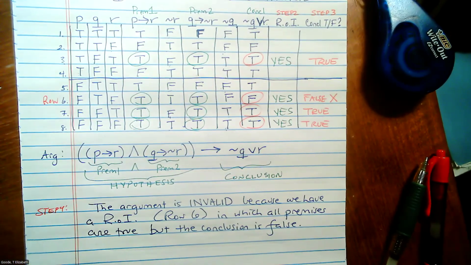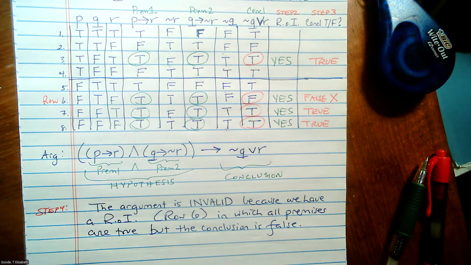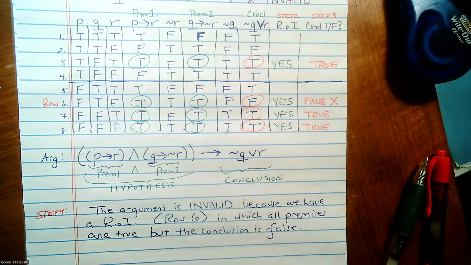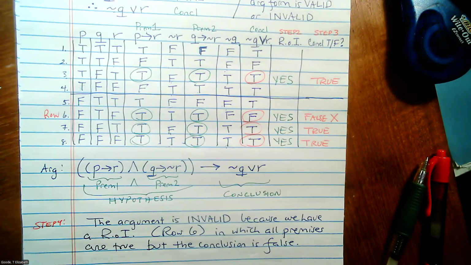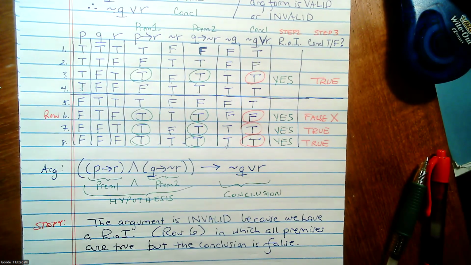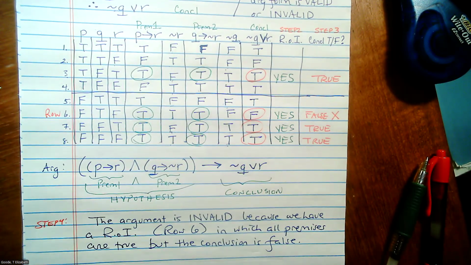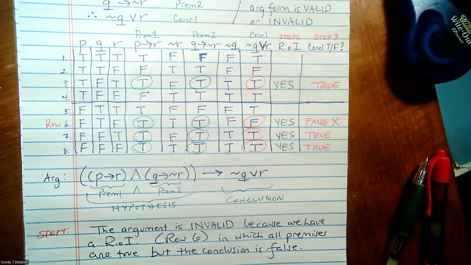So that's an example of an argument form that turns out to be invalid. On the quiz, the argument form turned out to be valid. There were three rows of interest, I think, but the argument form was valid because the conclusion followed in every row of interest.